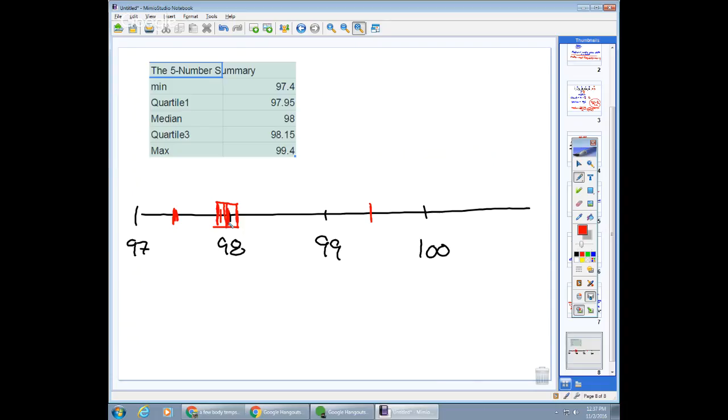Do those last few pen strokes. So you draw a box around those. That's a little better. And then you draw a line out to the min and the max. And so when you plot the 5-number summary, it's called a box plot or a box and whisker plot.